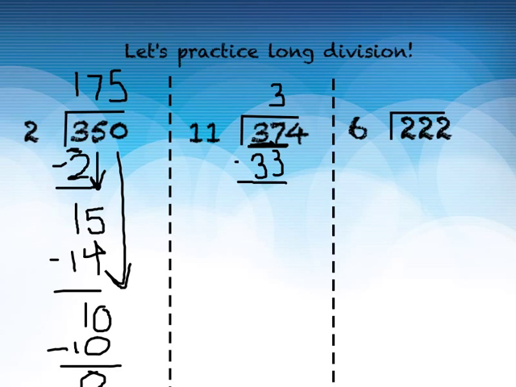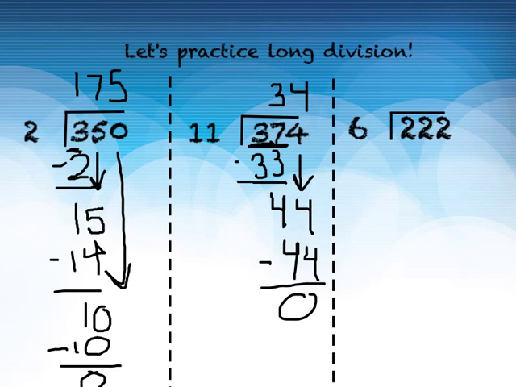When I subtract 33 from 37, I end up with 4. I bring down this 4, and 11 goes into 44 4 times. Now I subtract this to make sure that I have 0 as a remainder, and I do. So 374 divided by 11 is 34.